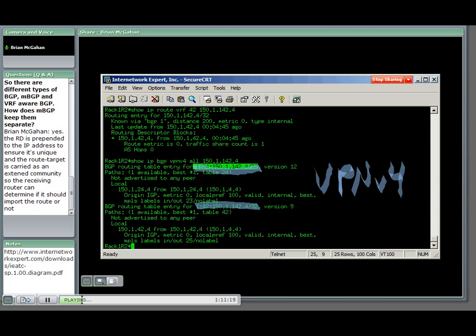A VPN version 4 route is simply an IP version 4 prefix with a route distinguisher prepended onto the front of it. So we have the route distinguisher plus the route. And since the route distinguisher is going to be globally significant to the entire MPLS cloud, even if we have overlapping IP version 4 prefixes, it's going to be globally unique because the route distinguisher is prepended onto the front of it.